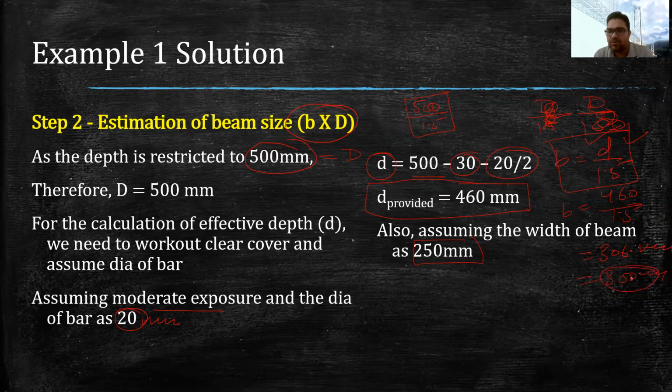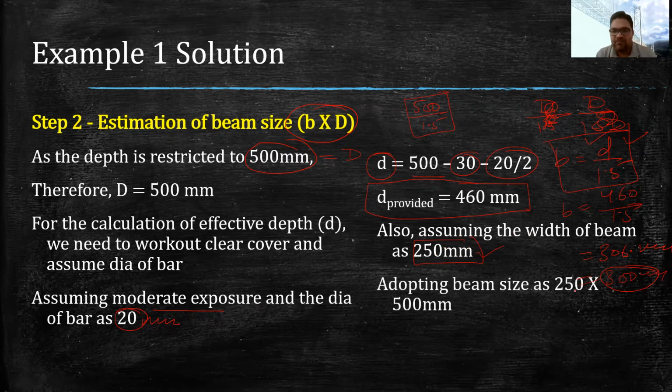We can take 300 mm also, but in this case, I'm taking a lesser value of 250 mm, because this will also determine the economy. To make our structure economical, we can reduce this width also. So that is why I'm taking 250 mm here. So finally, the size of the beam that we are adopting is 250 by 500. So that is our step 2.